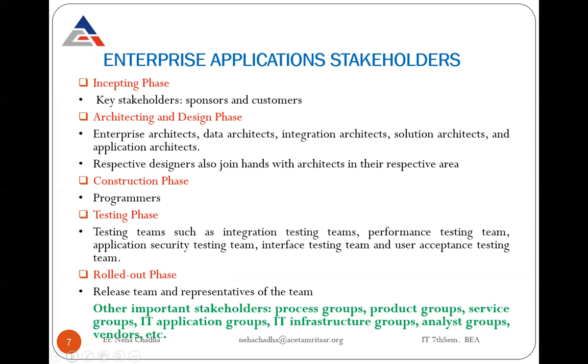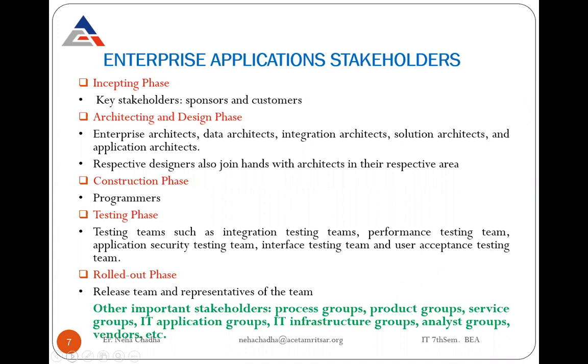If related to the combining of data, the integration of data objects, he is called the integration architect. If the person is related to the design solution, he is called the solution architect. If the person is related to your application, he is called the application architect. Respective designers also join hands with architects in their respective areas.